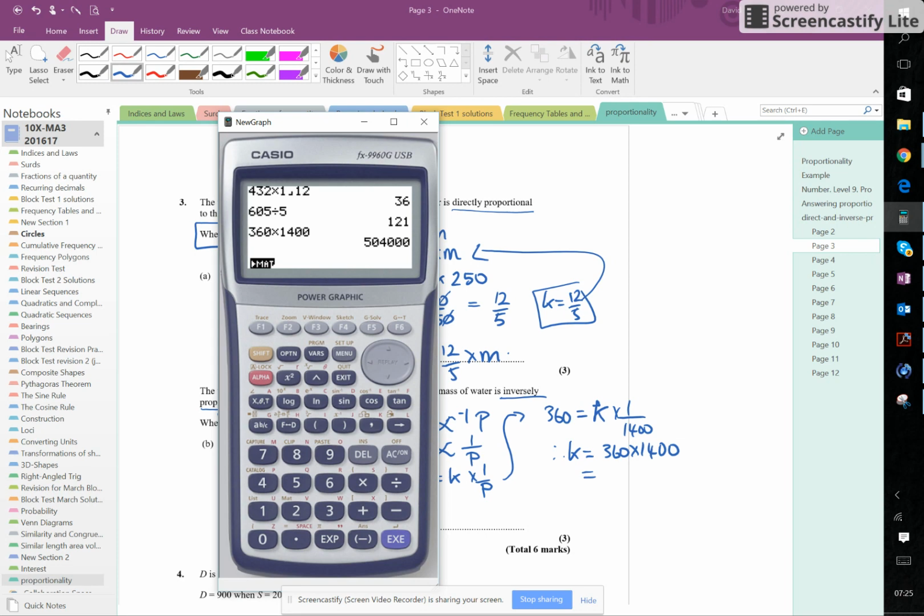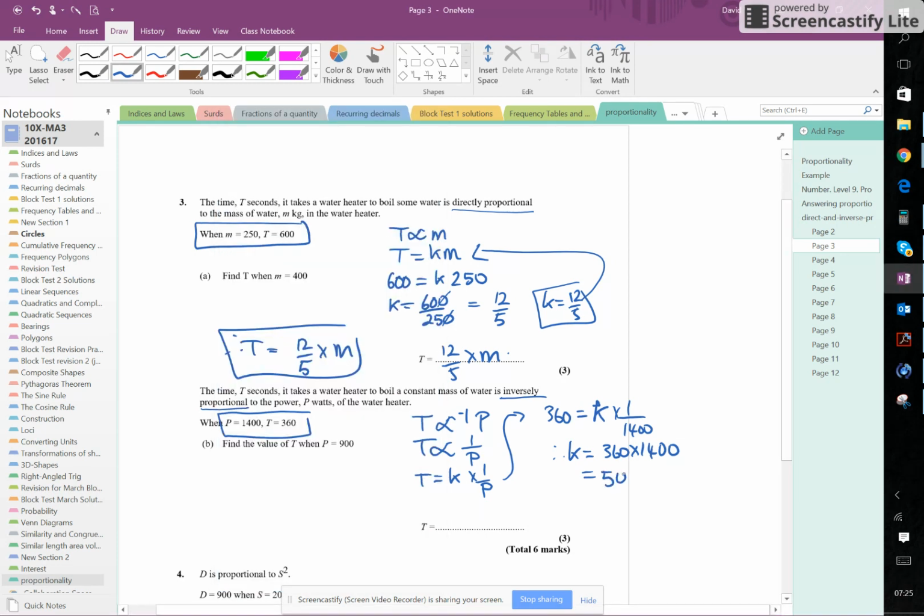That's 504 with 3 noughts, 504,000. Okay, so once we've done that, we're going to substitute that back into this equation here. So we get T equals 504,000 times 1 over P. Okay, and that's our answer to finding the relationship between T and P.